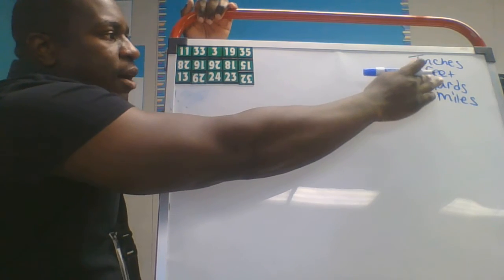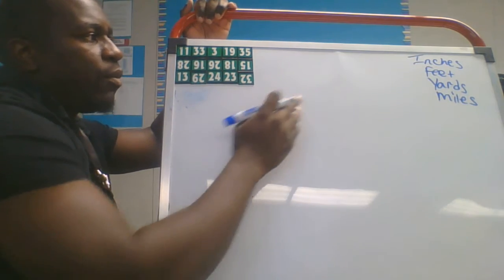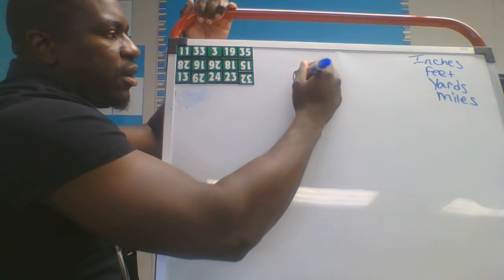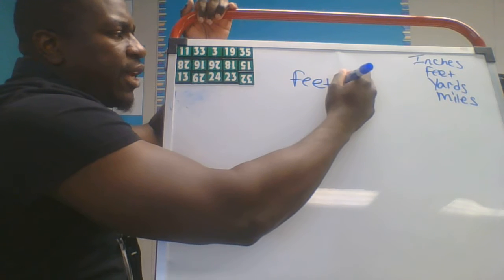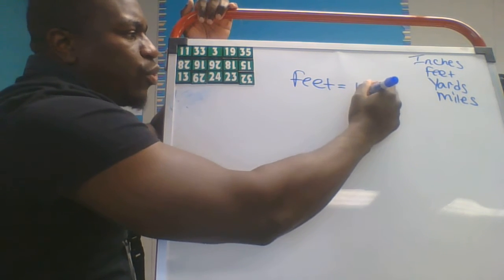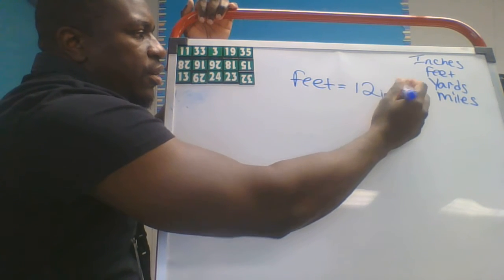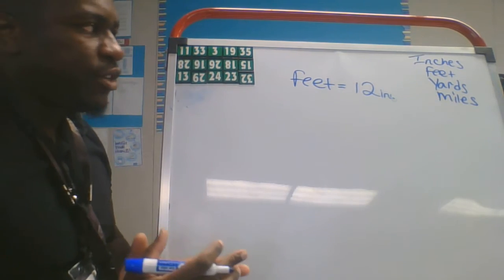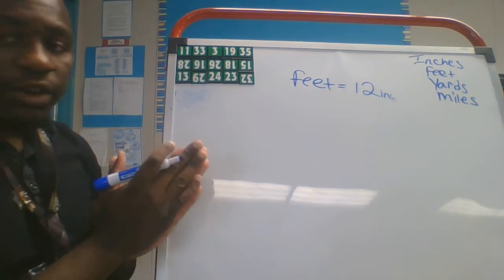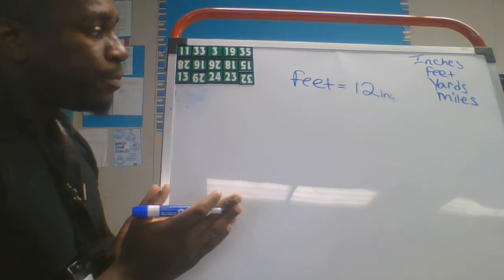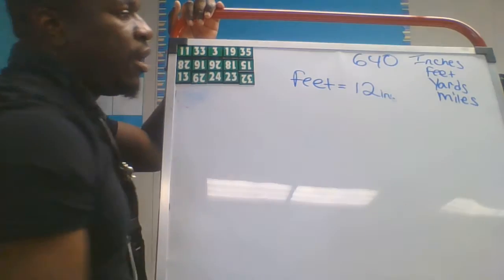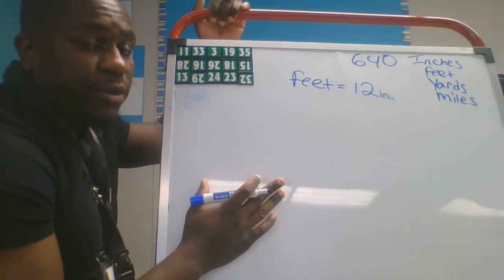And as we move down, we have to know that in order to get to feet, it's going to take 12 inches. So 1 foot is the same thing as 12 inches. This is also in your textbook on page 640. Write that here. It's on page 640 if you need a refresher.